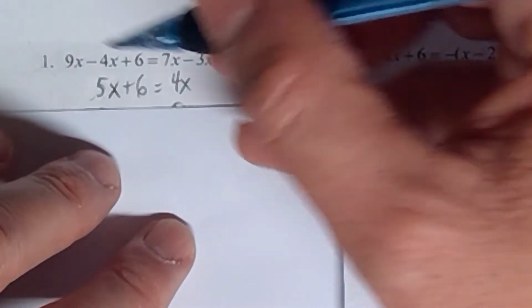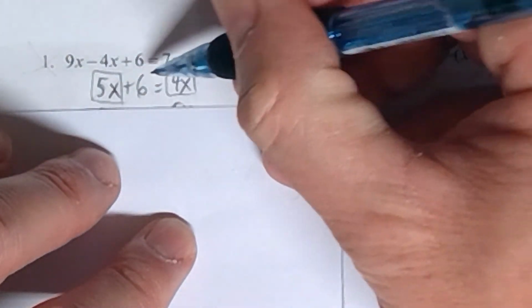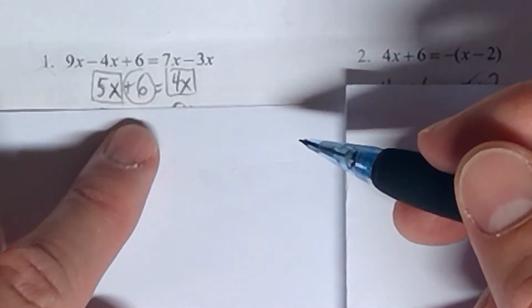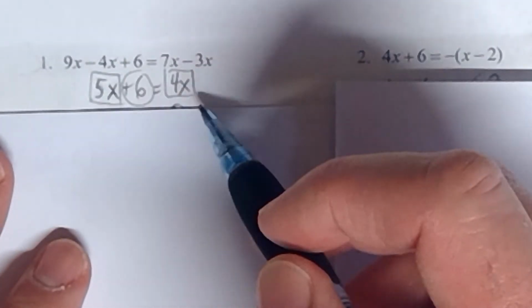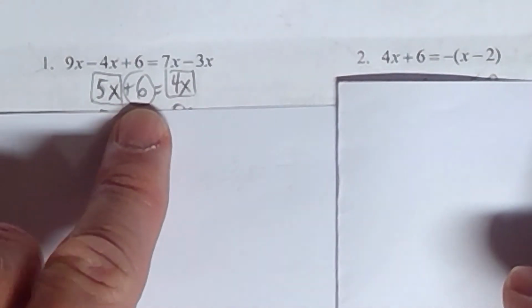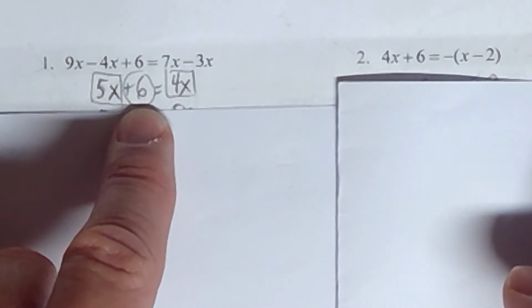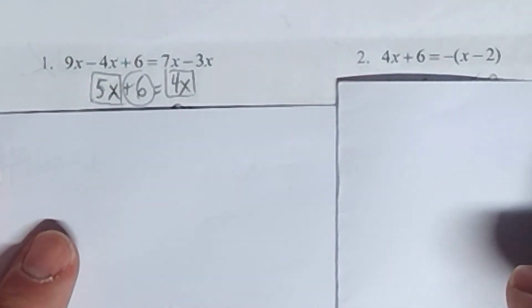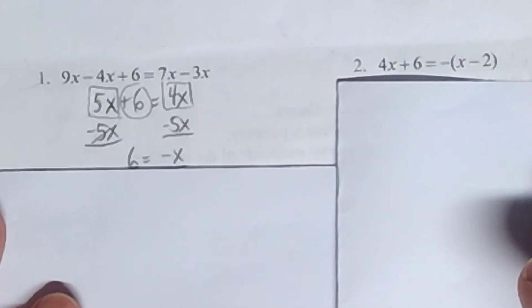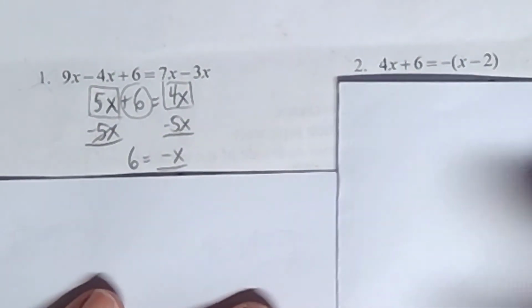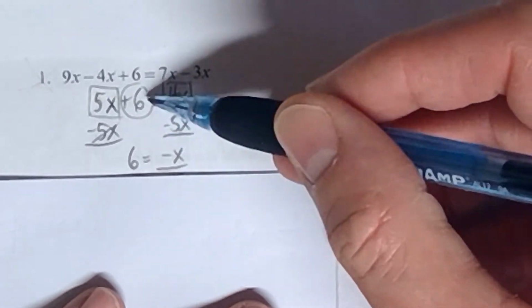So we want the two terms with variables in them to be on the opposite side of the one without the variable. Since there's only one term without the variable, we might as well keep that where it's at. So I'm going to subtract the 5x over, and I get negative x equal to just 6.